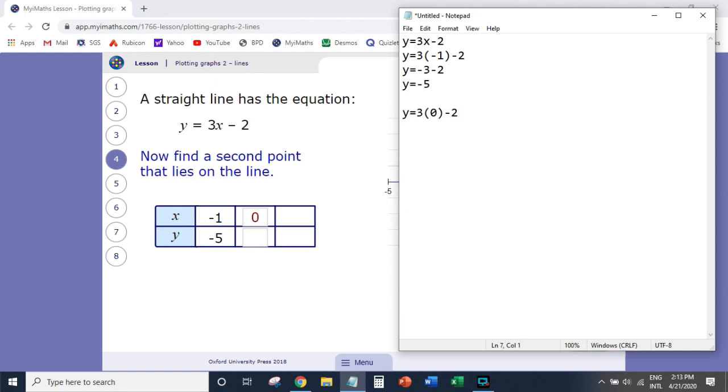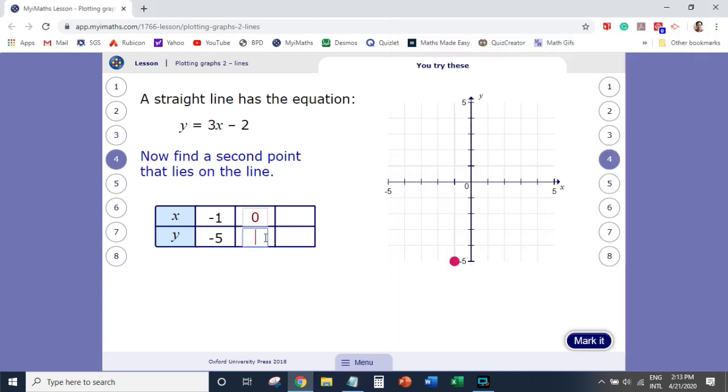So here, 3 times 0 is 0 already. Then I will just copy minus 2, and the final answer is just minus 2 or negative 2. So our y is negative 2. So I will write it here, negative 2. So if x is 0, our y is negative 2. So that's the point right here. It says x is 0, and y is negative 2 right here.